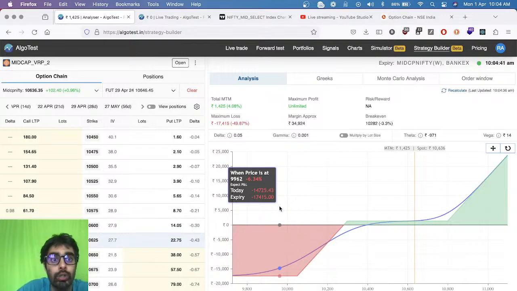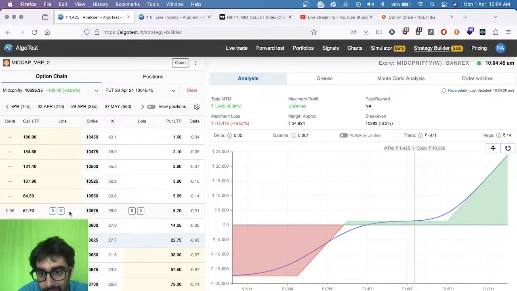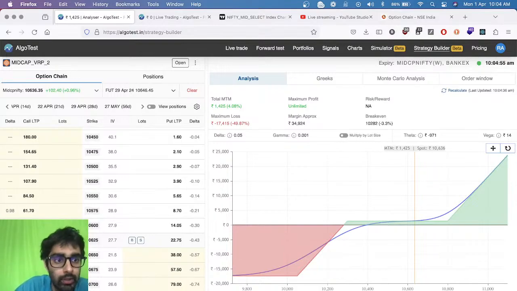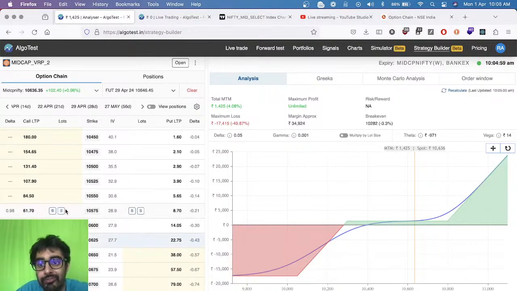Once you blow through your short strike and your days to expiry are so low, so our short strike was 575, mid cap has blown through it, it's at 636, and it's the last day to expiry. So if mid cap keeps going up, we're just naked deltas, right? If it goes back down and it sticks around at 575, then we have a lot of gamma, and our PNL can go either way, right?